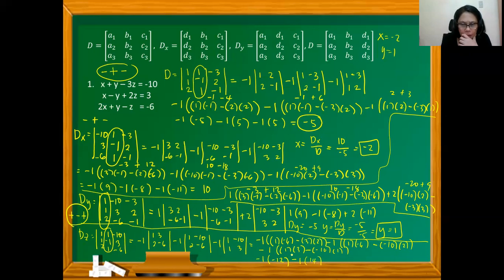And then this is 3 plus 10. So this is -1 times 13. So d sub z is equal to -1 times -12 minus 1 times 14 and minus 1 times 13. So that equals -15.